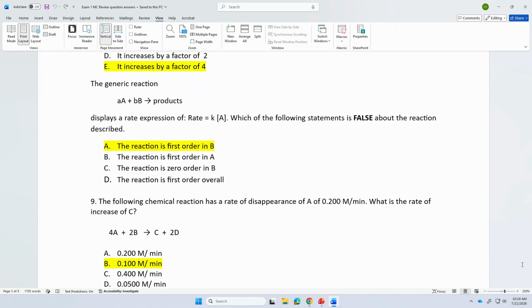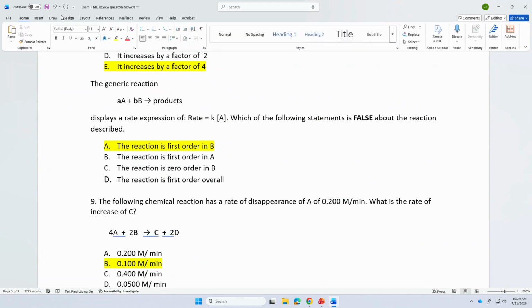So that's a mistake. This should be -1/4 ΔA over Δt equals ΔC over Δt.